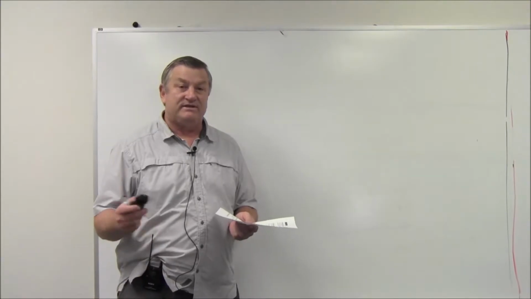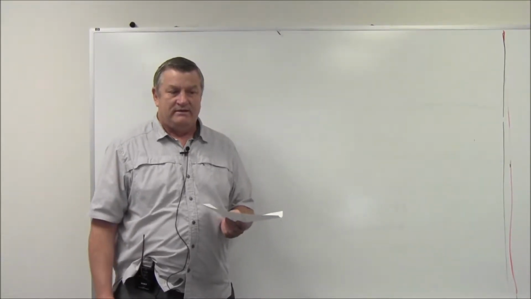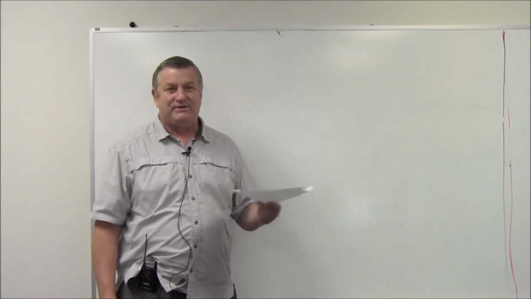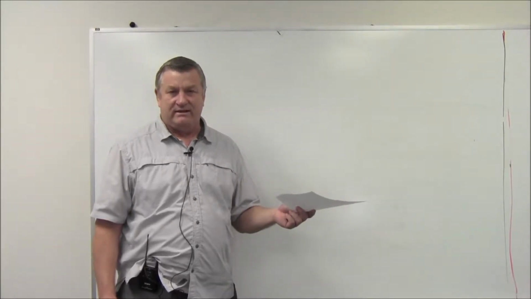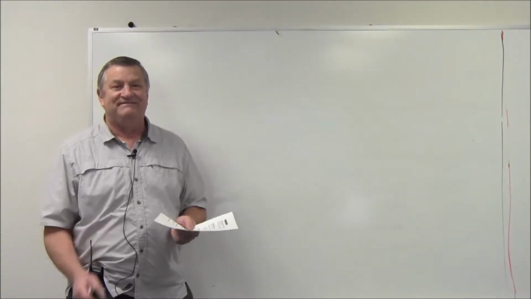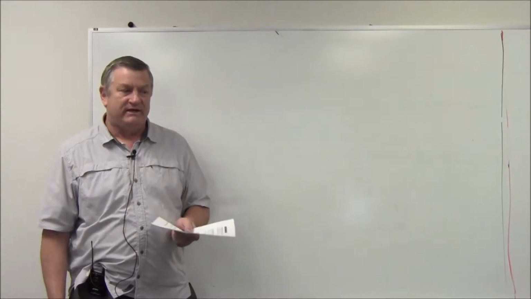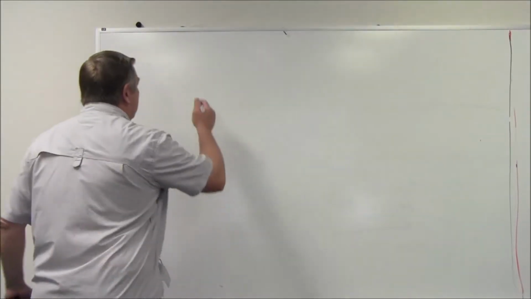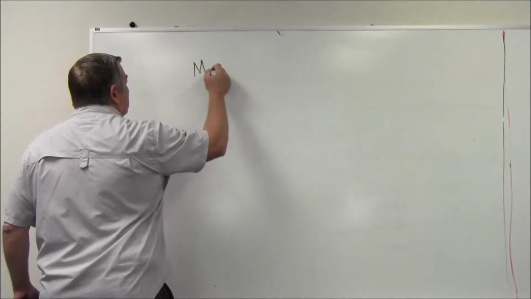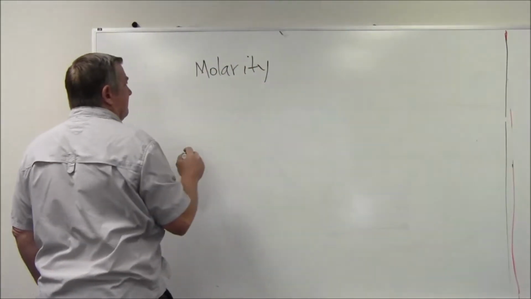And there's lots of ways to do that. In chapter 13, they show almost 90% of the ways you can keep track of the concentration of a solute in a solvent. And so here we're going to learn the most common one, called molarity. Molarity.